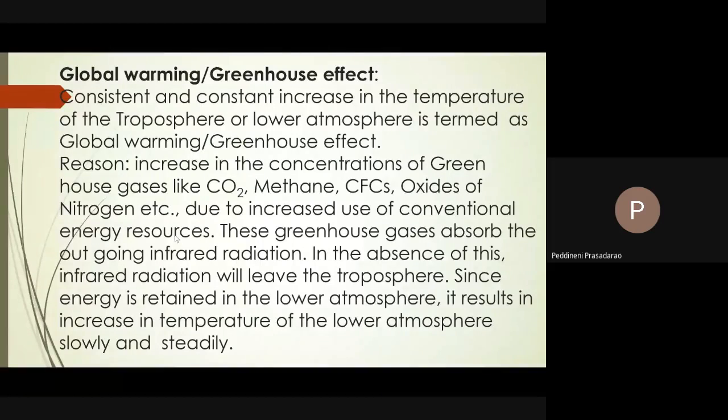So since you are using air as an oxidant, apart from carbon dioxide, you will be producing large quantities of oxides of nitrogen in your combustion activity. So as long as you use these conventional energy resources for generating energy, you have no other option except to generate large quantities of carbon dioxide and large quantities of oxides of nitrogen. So this is a must.